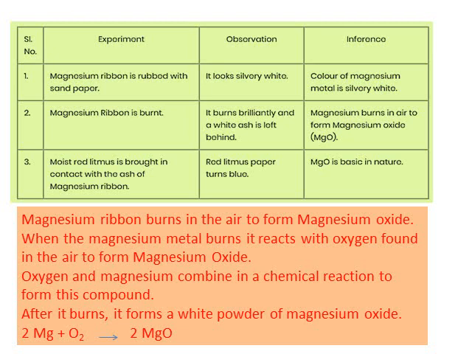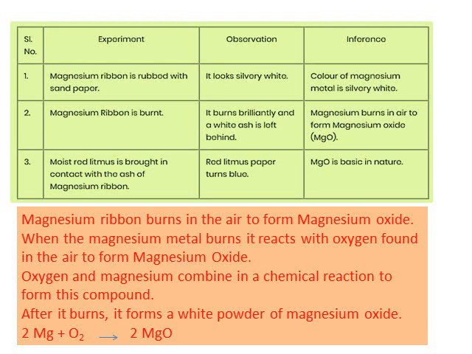First, magnesium ribbon is rubbed with sandpaper. When you rub the ribbon with sandpaper, the dust particles and the oxide particles which are coated on it get removed. So the observation is it looks silvery white.